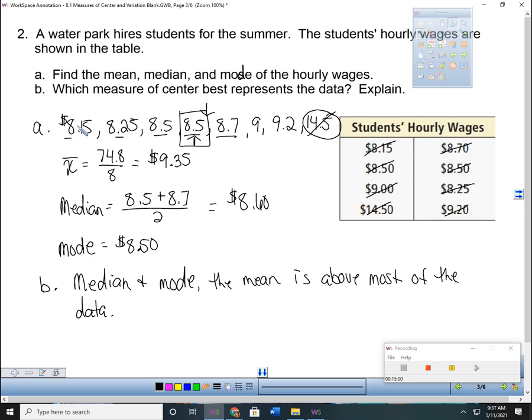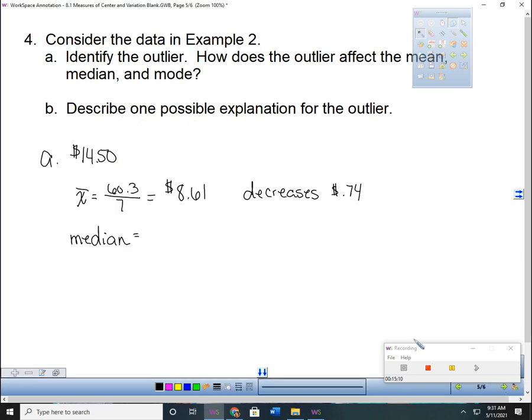Notice there's 3 on the left and 3 data points on the right. So 8.5, and my median was 8.6. So if it was 8.6, that decreases by 10 cents. If I were to put the outlier back in, it would increase by 10 cents, right? If I take it out, it's decreasing by 10 cents.